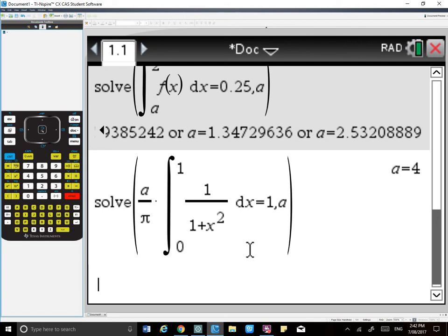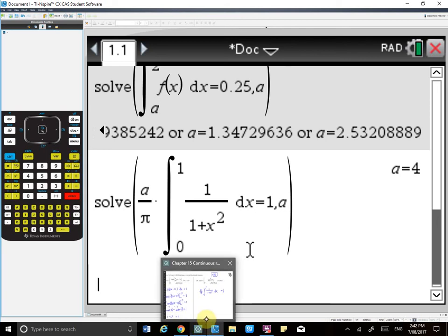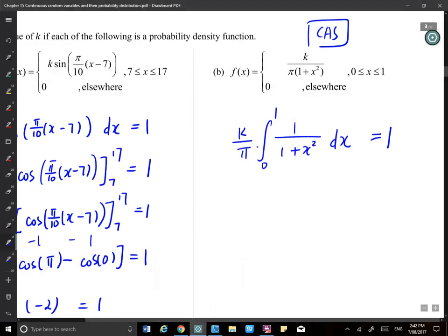Okay, a equals to 4. Directly use the calculator to solve for that.